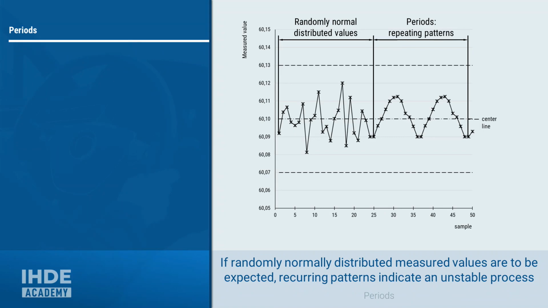A repeating pattern can be seen for the next 25 values. The two waves are shown here as an example. Other patterns are of course also possible. Periods, this means repeating patterns, should also be examined, as they can also be an indication of a statistically unstable process.